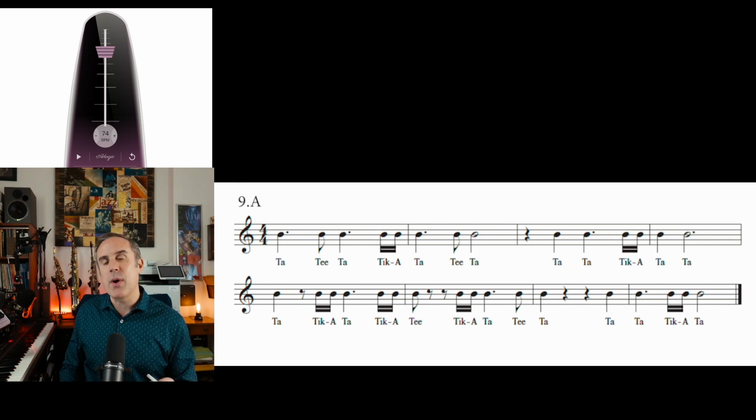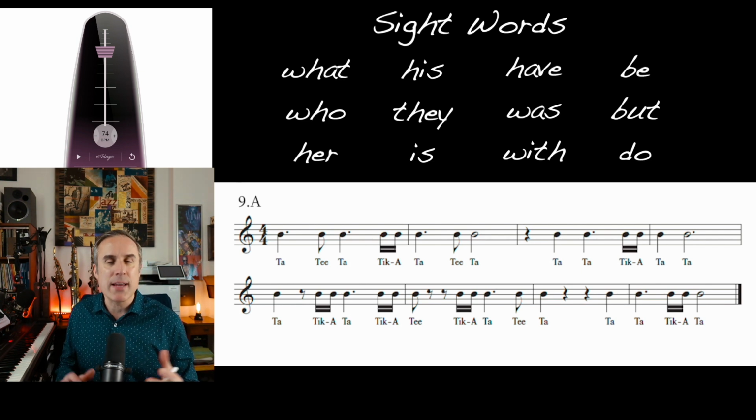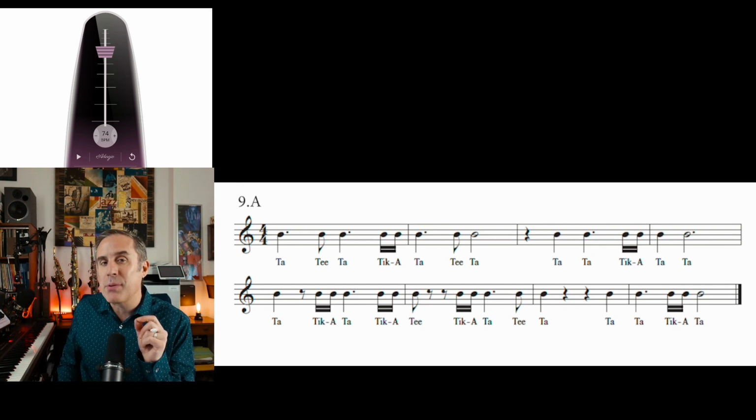Well, this is where our spoken language and sight words come into play. It's the same thing when we were learning our language. Sight words are an example of compartmentalization. In rhythm, we have compartmentalization all over the place. And here's how I want to apply compartmentalization to today's exercises. I want us to start thinking about 1 and 2 beat musical sight words.